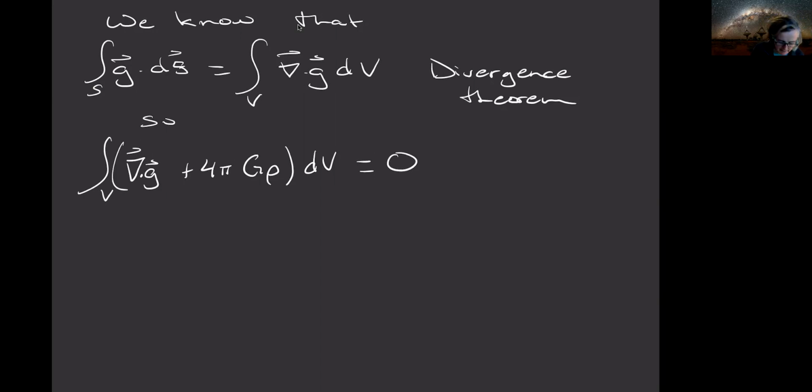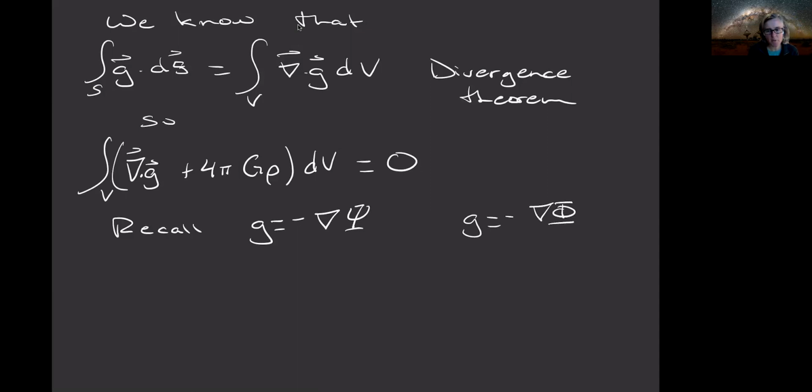And finally, recall that we defined g as minus grad psi, or equivalently, we've also described it as minus grad phi, but either way, psi or phi, both are the gravitational potential, and the gravitational acceleration is just simply minus the gradient of the gravitational potential.